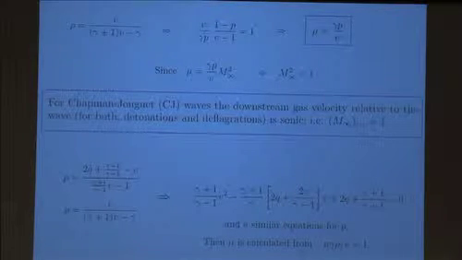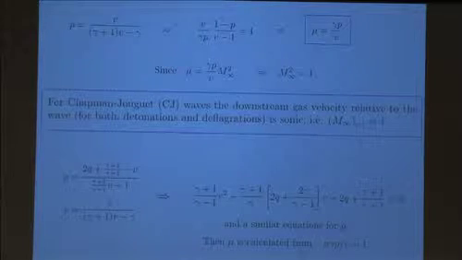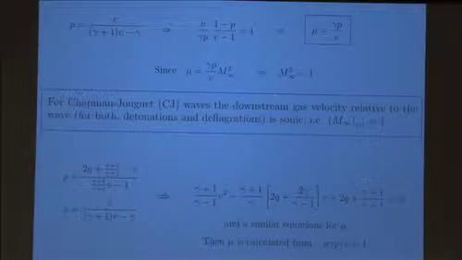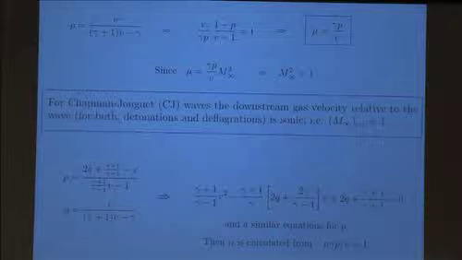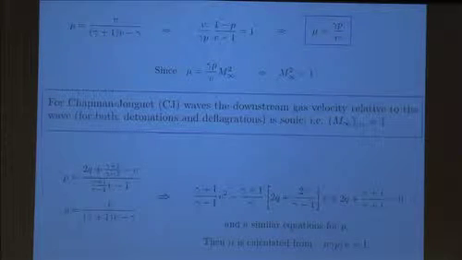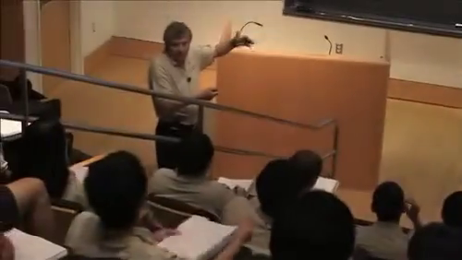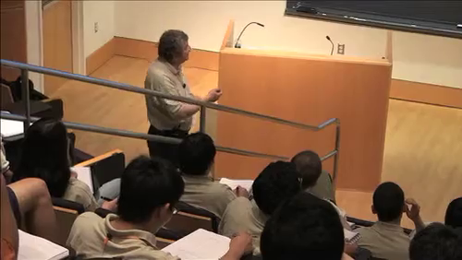What you find is that the downstream Mach number of the Chapman-Jouguet wave is always sonic. Okay, so the Mach number is 1, so the velocity is always sonic. That's one condition. And then the second thing that you find is the wave speed, but not only the wave speed, you can calculate all the properties like in every other case.